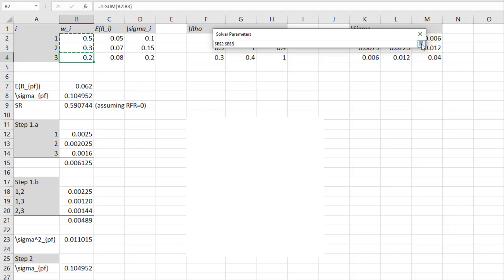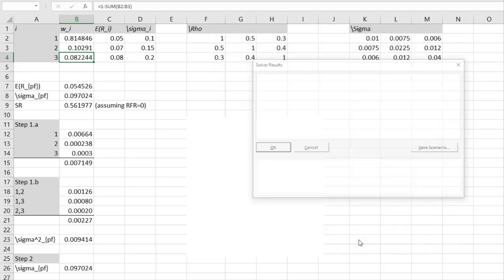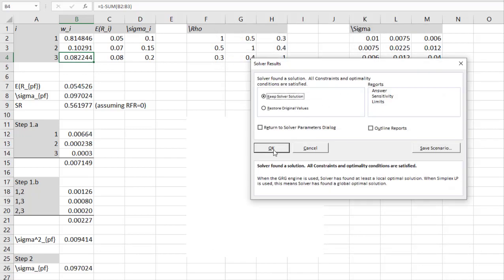And implicitly by changing weight 1 and weight 2, I also do change weight 3, but I can make sure that the sum of the weights is equal to 1. Let's solve this.